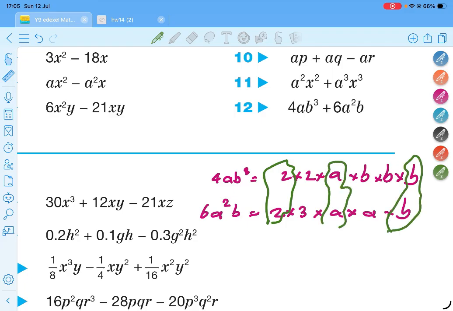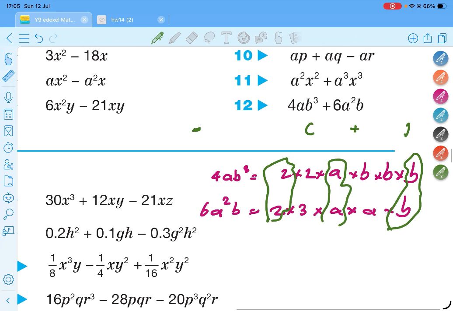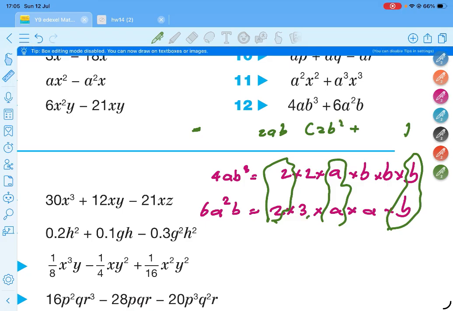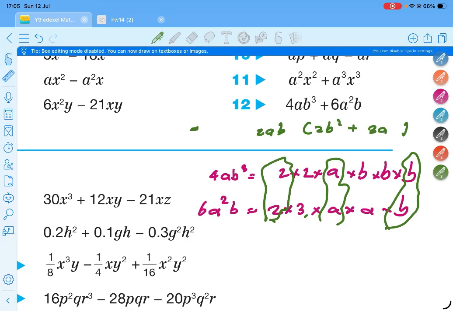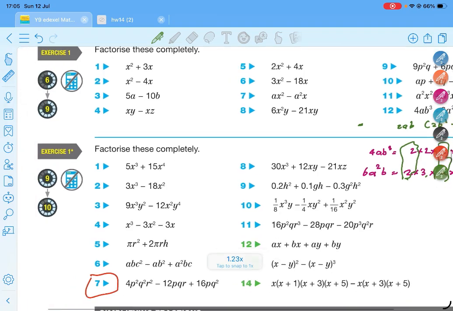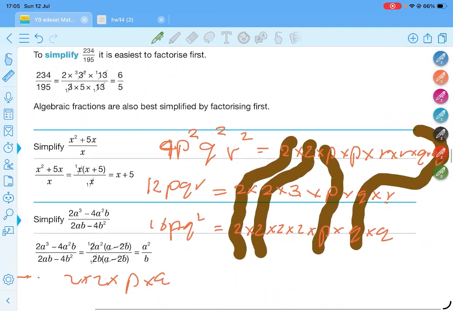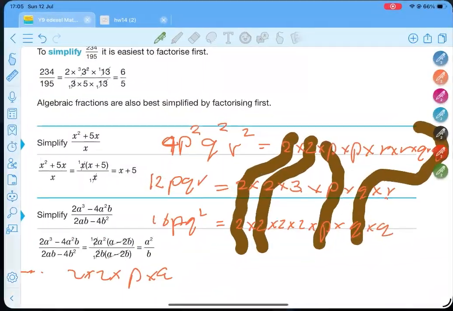So if you solve this bracket, two terms plus. The common, 2 times a times means 2ab. In here, what are the remaining? 2b to the power 2. What are the remaining? 3a. That is it. Now you know what factorizing is, so it's okay.